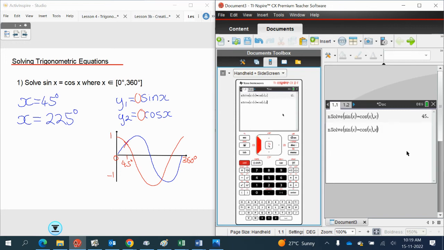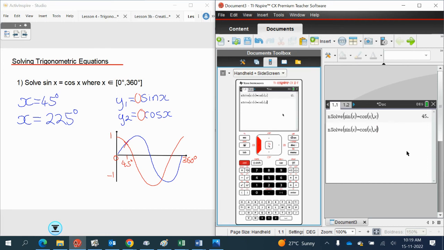We know that the first solution is at 45 degrees. N-solve will always give you the solution that is closest to the origin. It can even be at a negative value if there was a solution on the other side of the origin that was actually closer than 45 degrees. It will give you the first solution it finds either side of the origin.